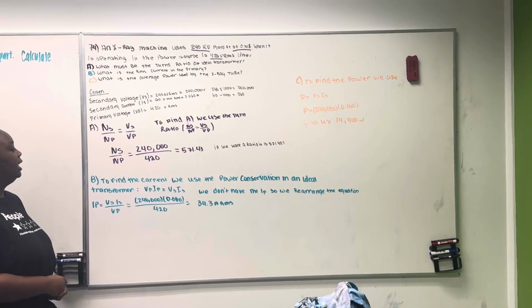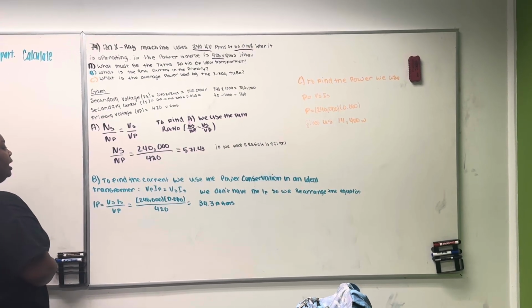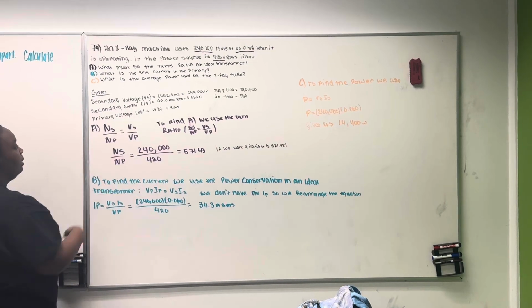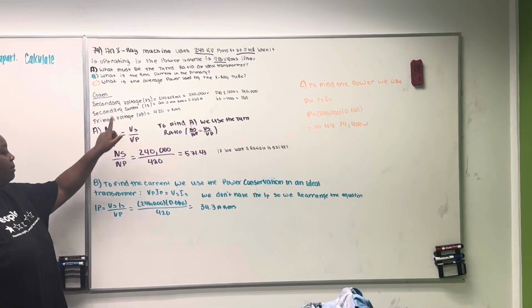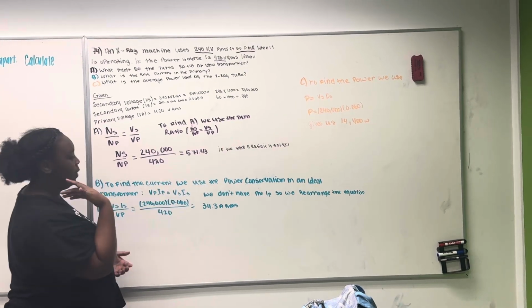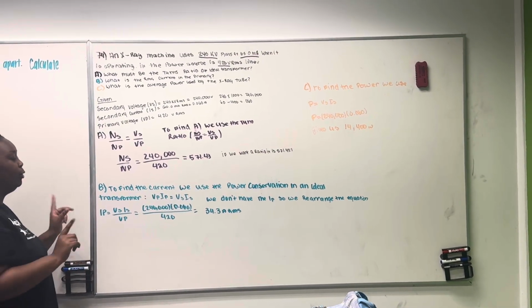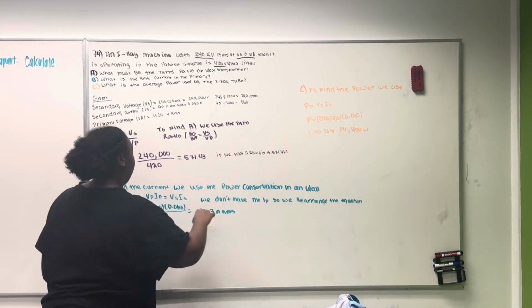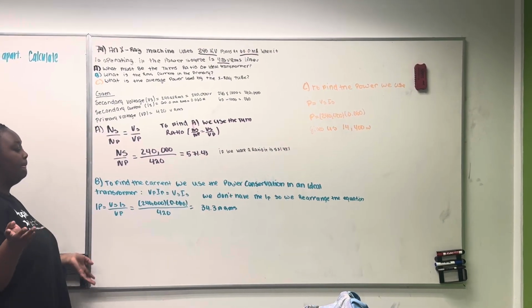As you can see, I did the secondary voltage, which we have up here, divided by our primary voltage, which is 420, and it gave us 571.43 when you do it in your calculator. And if we wanted a ratio, we would just put the ratio sign and then 1.